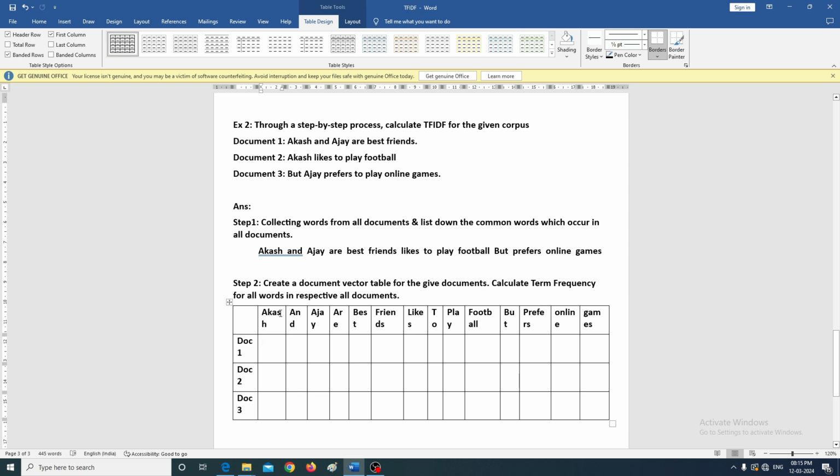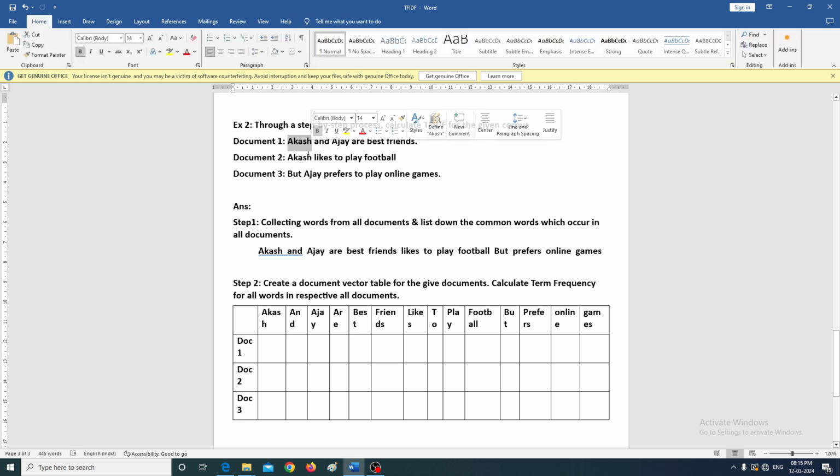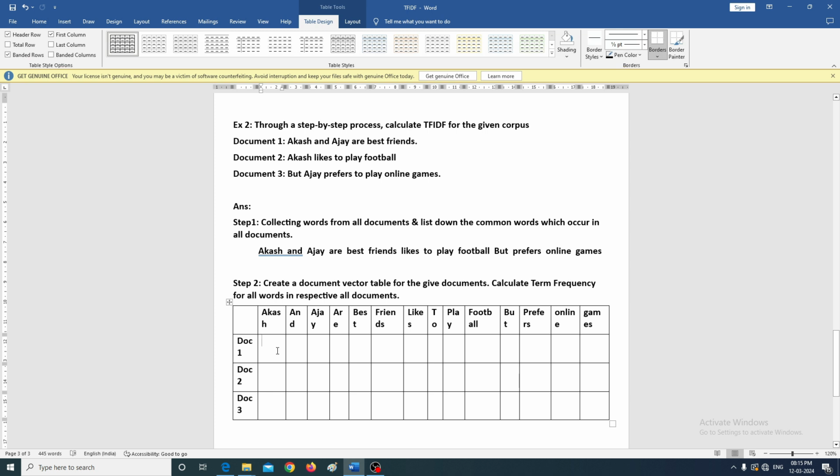Now I am going to calculate the term frequency for these words. Let's take the word Akash in document 1. The term frequency for Akash in document 1 is 1, because this word is available only one time in document 1.